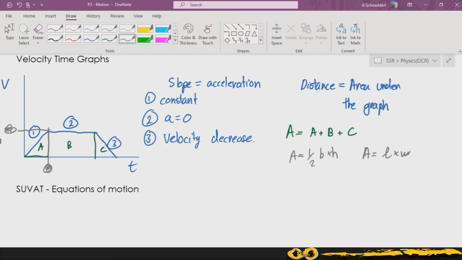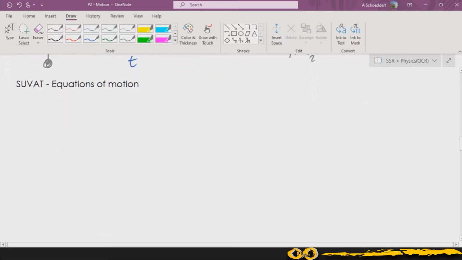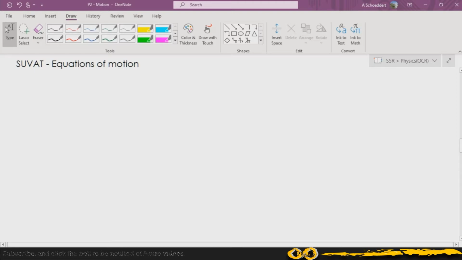There are a number of different equations that we use to describe the motion of objects, and they are grouped into the SUVAT equations. S stands for displacement. U stands for initial velocity.